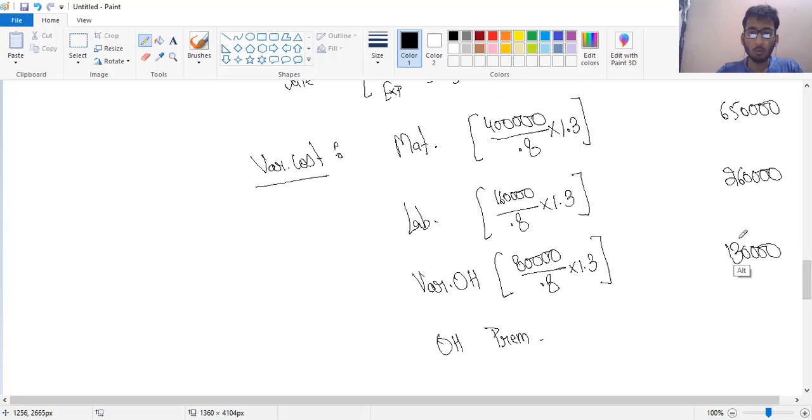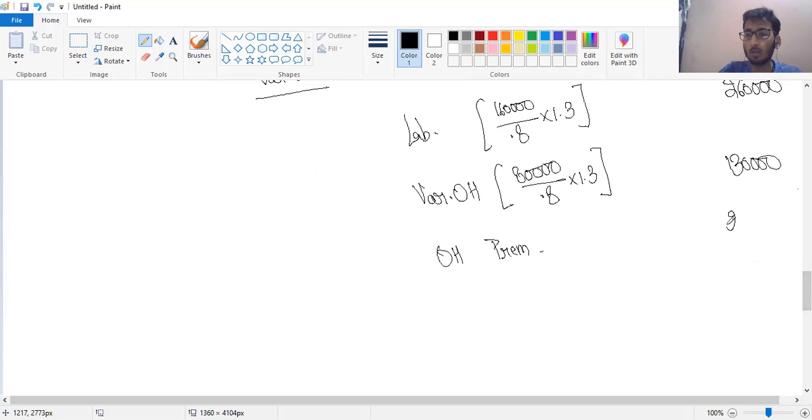And what is said about overhead premium? It is saying that work overtime at 1.5 of the normal rate. So for 30%, 1.5 of the normal rate to meet the balance of the required capacity. So basically for meeting 30%, how much do we require?